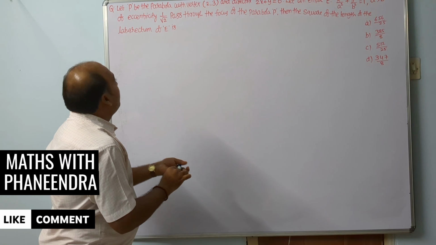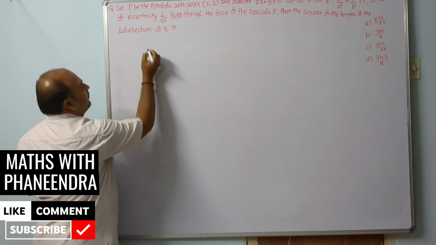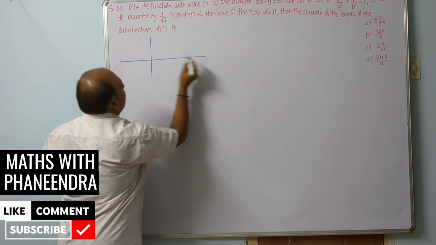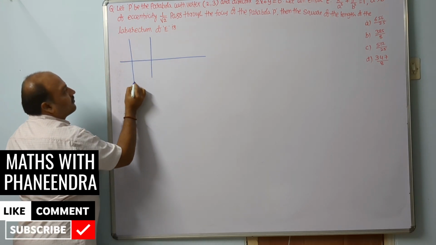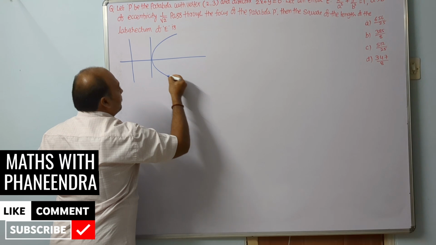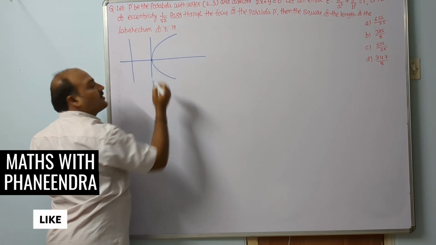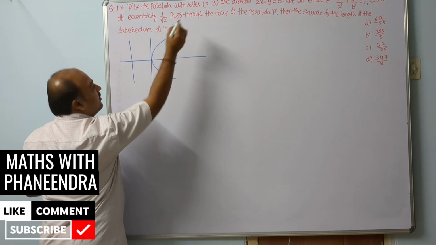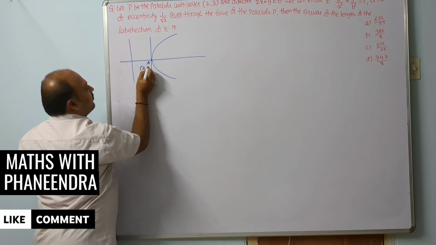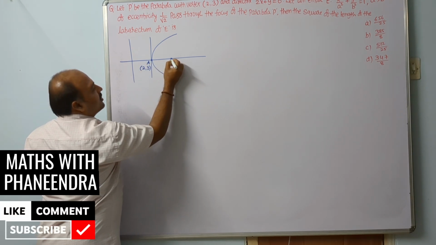Let the parabola... this is the vertex of the parabola, dear students. Vertex of the parabola is given as A of (2, 3). This is the focus of the parabola.